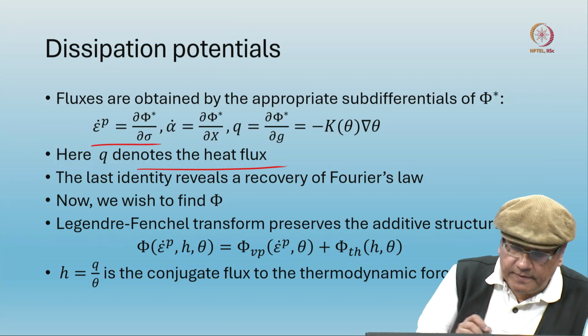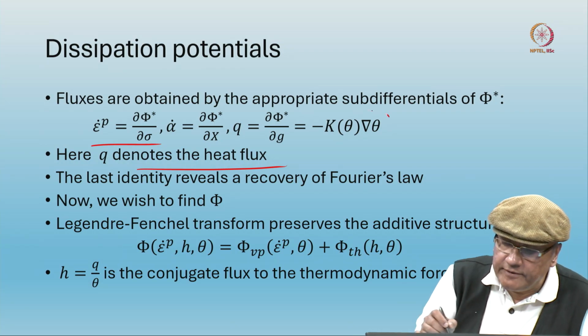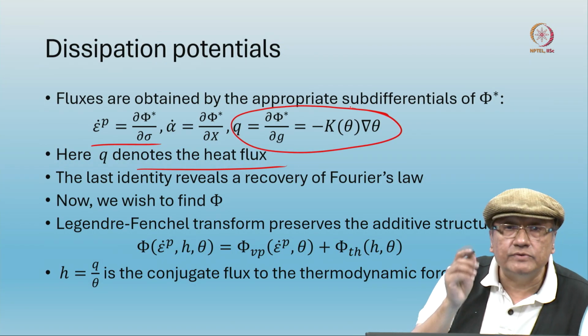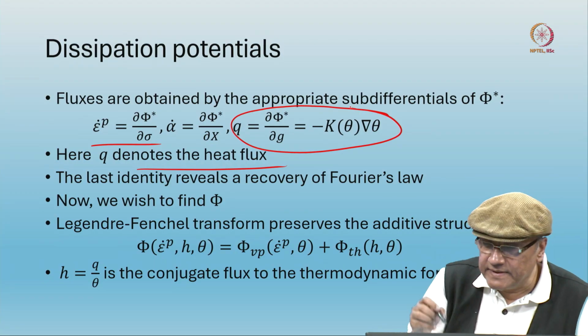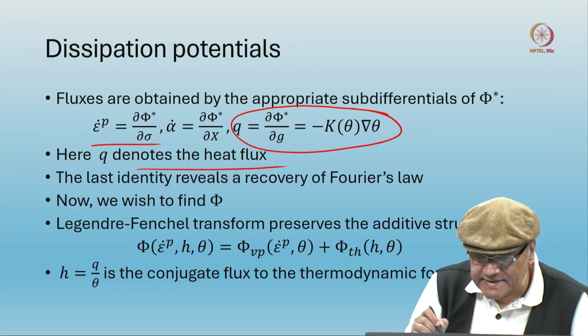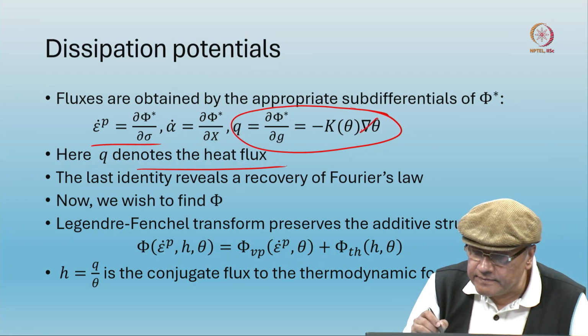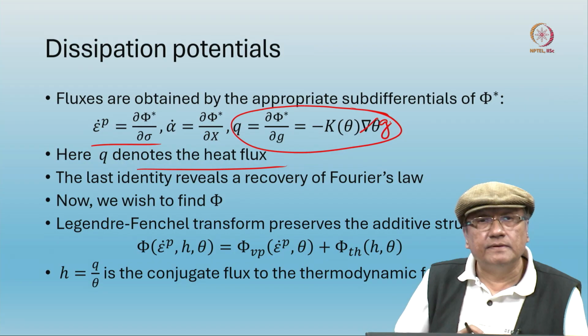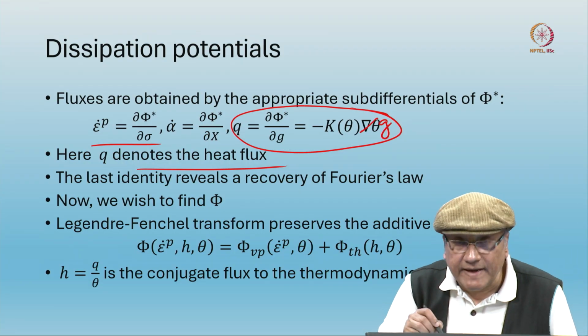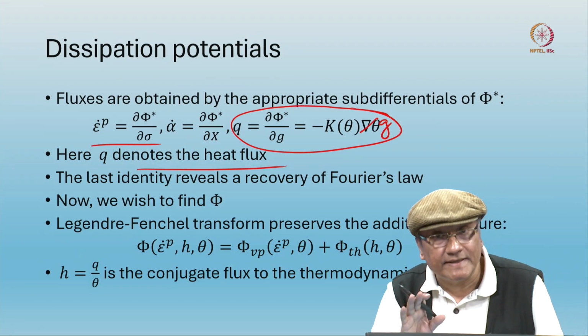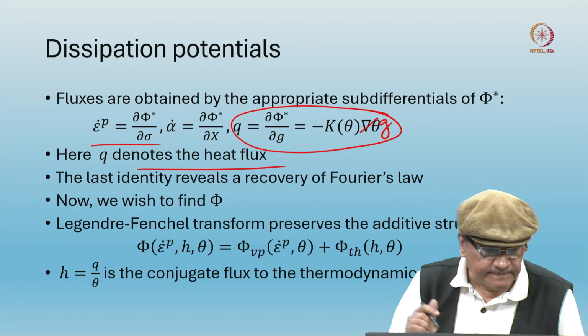So this term is similar to Fourier's law, but it is not exactly written that way. Basically this is a mistake, this should be G, and G is grad theta by theta. So it is not exactly Fourier's law, it is related to that.